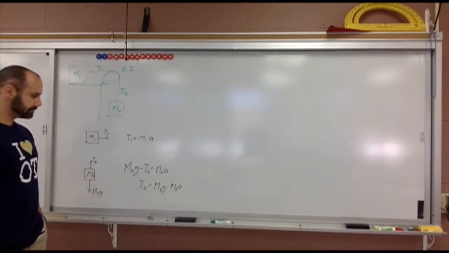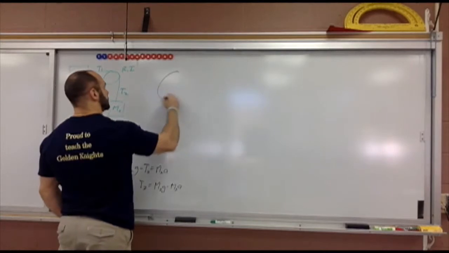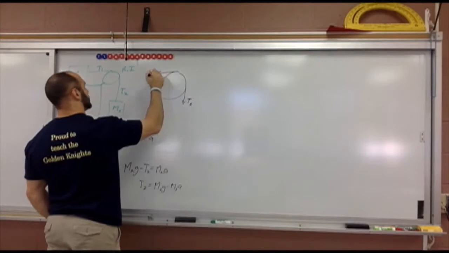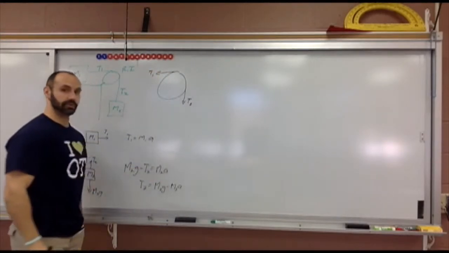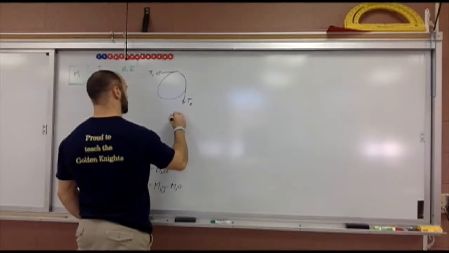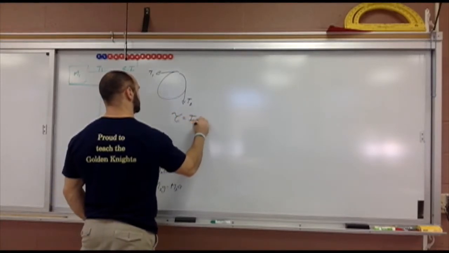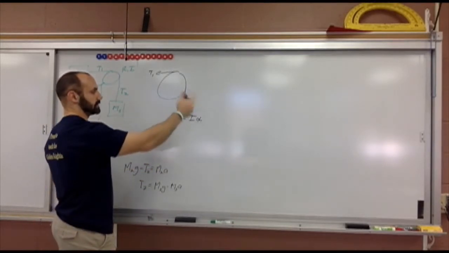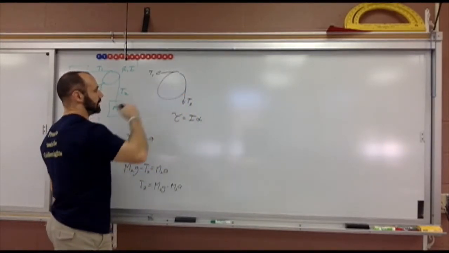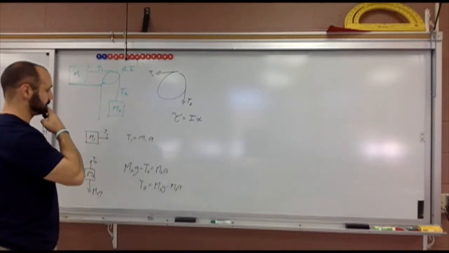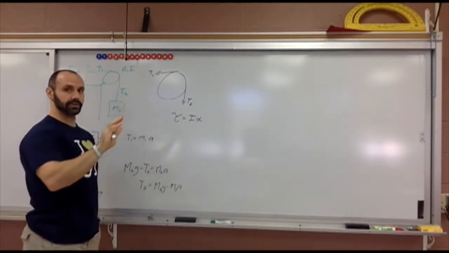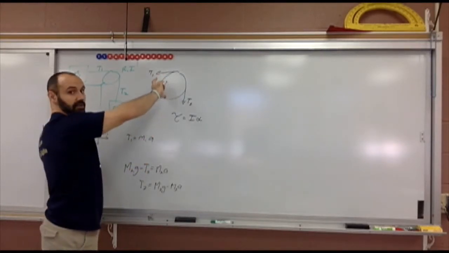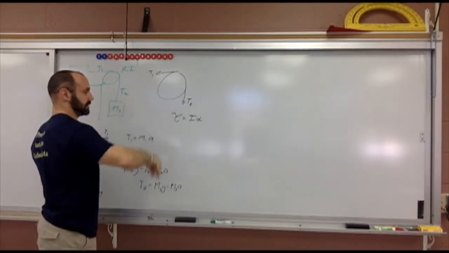Okay. And now we can look at the pulley. Here's the pulley. It's got T2 going that way and T1 going this way. Those are the two torques on the pulley. And so tau equals I alpha. And what are the torques? T2 times R. Since it's accelerating this way, we're going to say this is the positive direction.